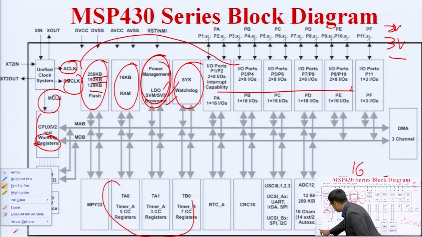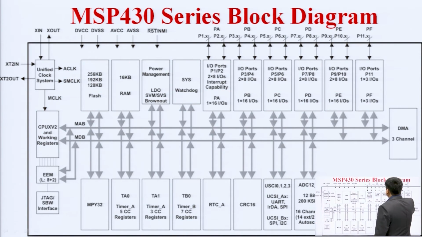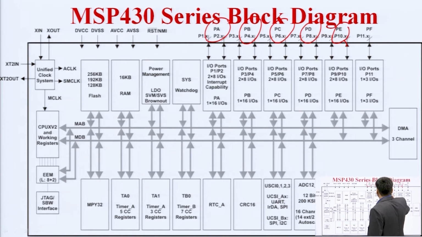I am erasing the things for a clear view. Okay. So 4 input output ports are available: PA, PB, PC, PD. And PE. PE has another function as well, we will see here. So there are 4 ports available: PA, PB, PC, PD, and PE is associated with that. Each port has a capacity of 2 into 8.